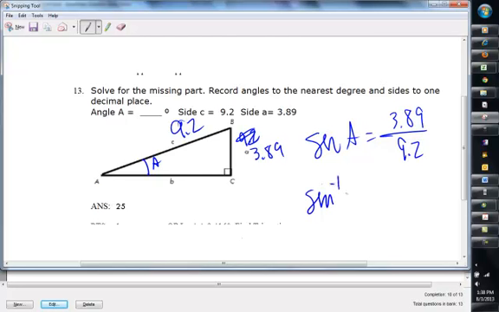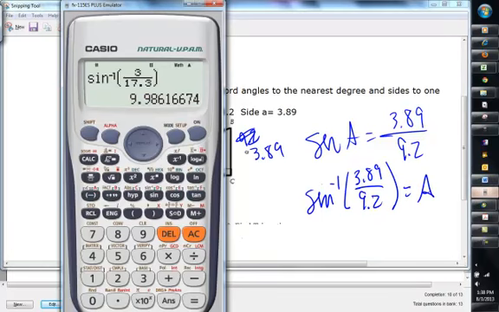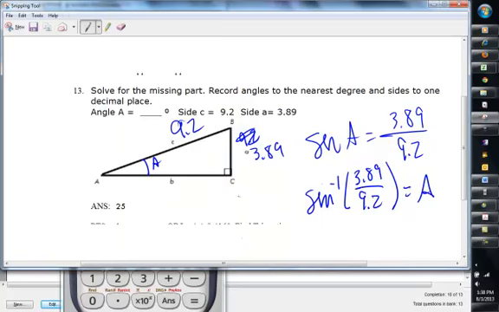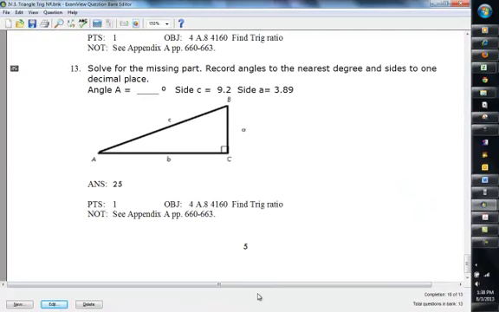Sine inverse of 3.89 over 9.2 is A. Looking for the angle, press Shift first. Sine, fraction, 3.89 over 9.2, and we get about 25 degrees. This is 4.3, finding parts of triangles.